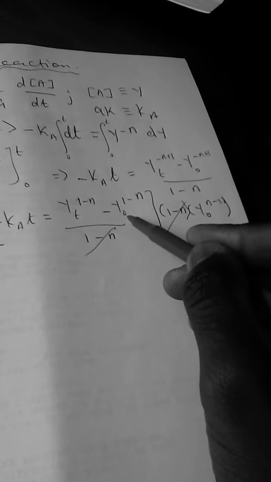What I'm doing now is cancelling this out, and this will give you 1, because 1 minus 1 is 0, negative 1 plus n is 0, so y_0 to the 0 will give you 1.